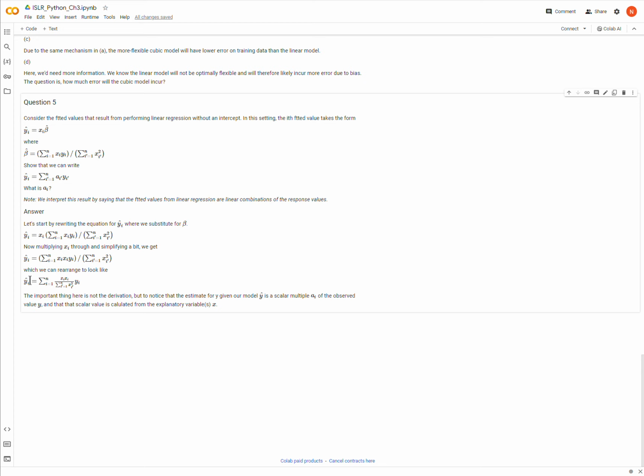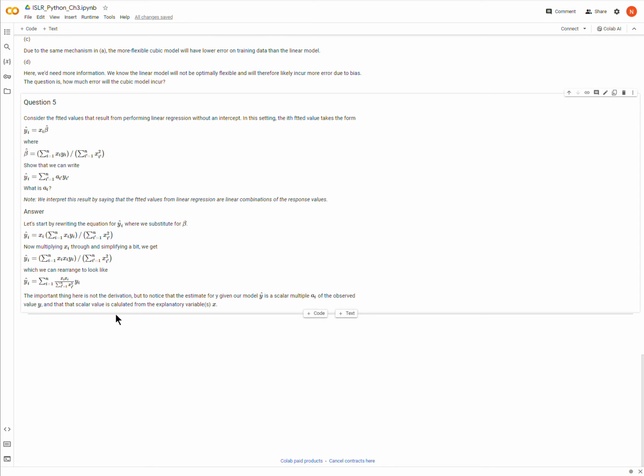All that we've done to arrive at our estimate is to multiply y, the observed value, by some scalar value a. And a is calculated from the observed values of the predictor variable. That's really what's important here.